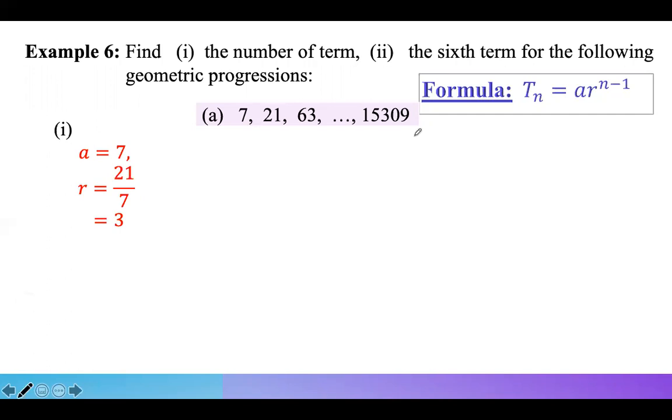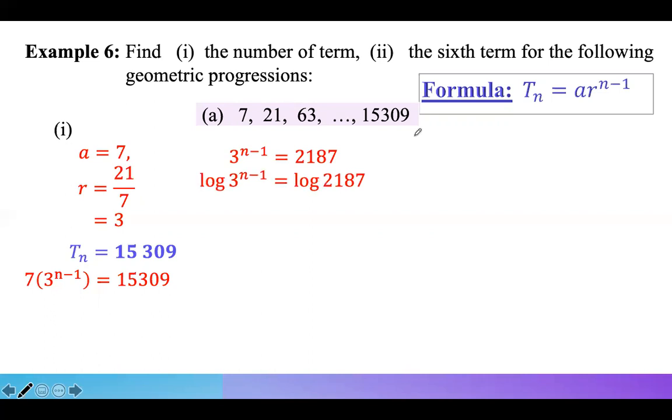Then you apply into the formula: Tn equals 15309, so 7 times 3^(n-1) equals 15309. Then you divide 15309 by 7 and you get 2187.